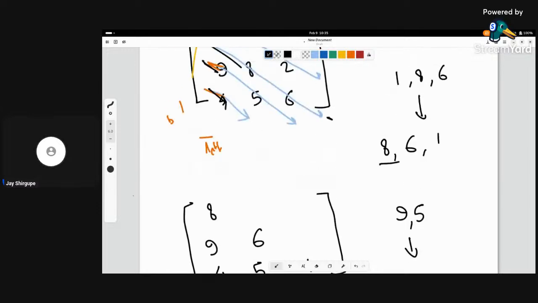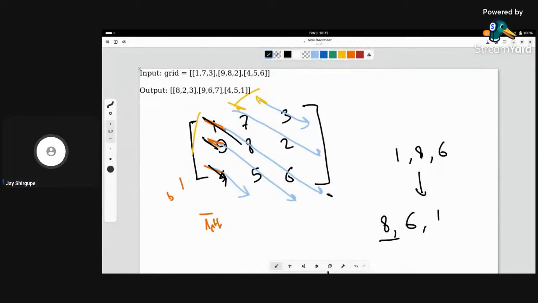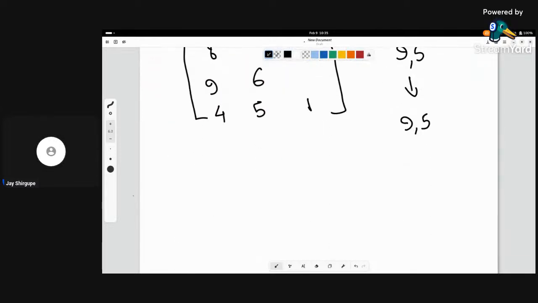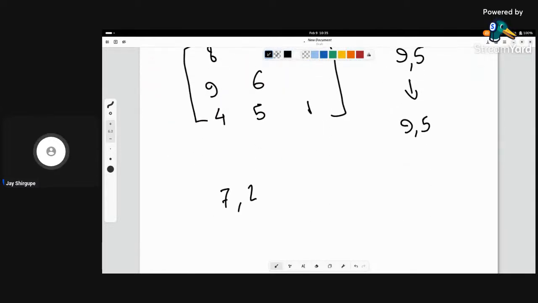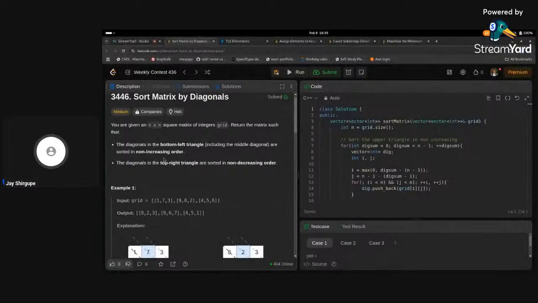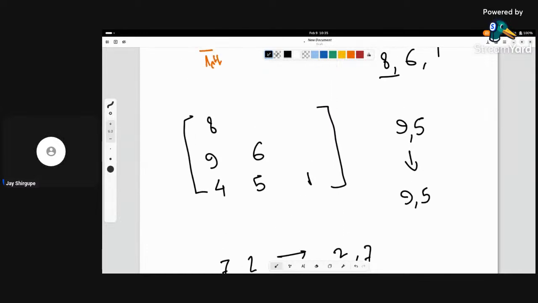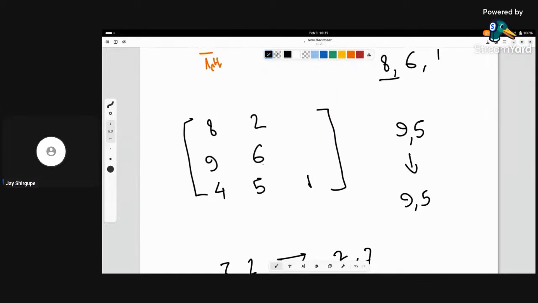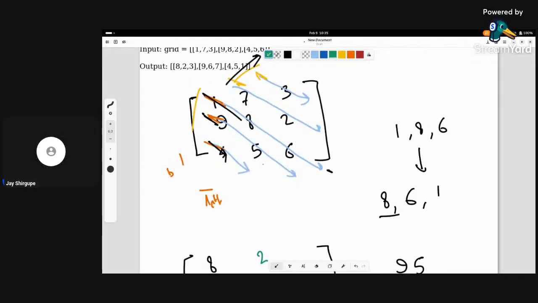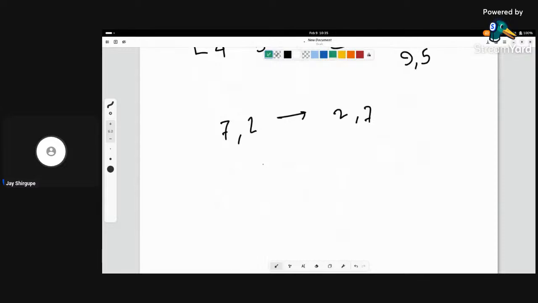Then you can take the top right diagonals. This is 7, 2. According to our question, we had to sort them in non-decreasing order, basically ascending order. 7, 2 would become 2, 7. Then you take 3, this diagonal. 3 is just itself, no matter how you sort it, it remains 3.